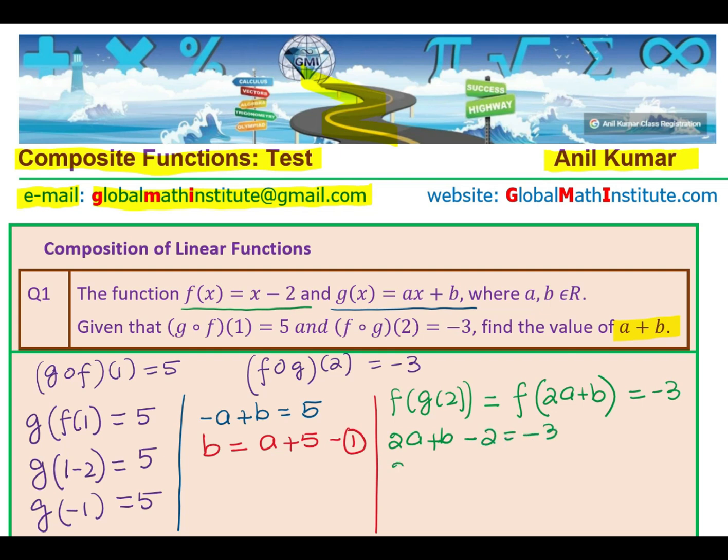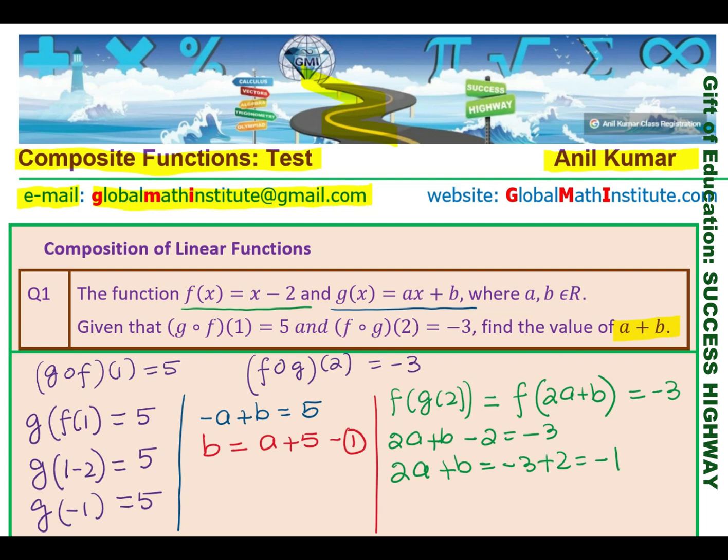And that gives you that 2a plus b, let's take 2 to the right hand side, is equal to minus 3 plus 2, which is minus 1, correct? So with that, we get another condition, which is 2a plus b is equal to minus 1.